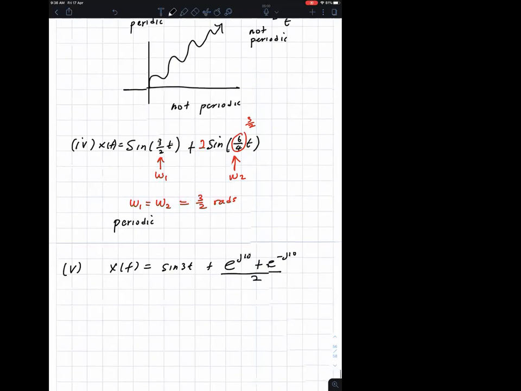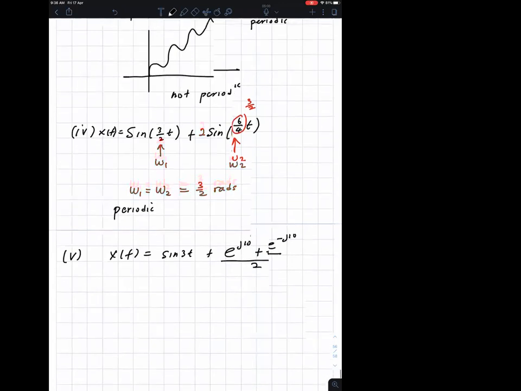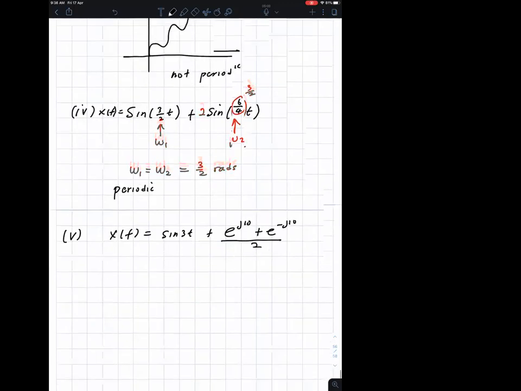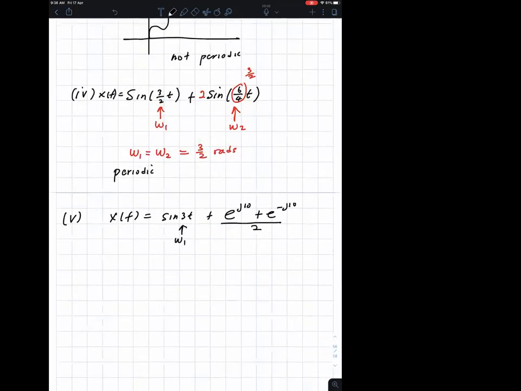Okay, let's try one by one. This is omega 1, isn't it? From the Euler identity, you know that this is cosine 10t.